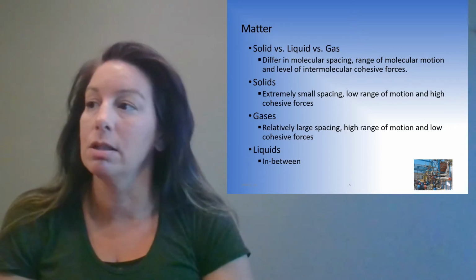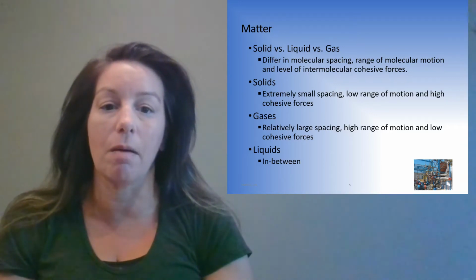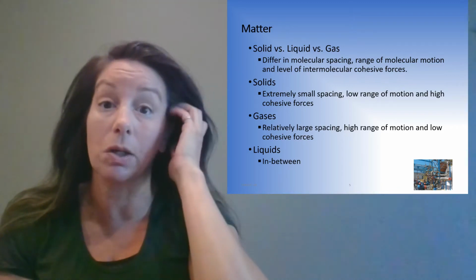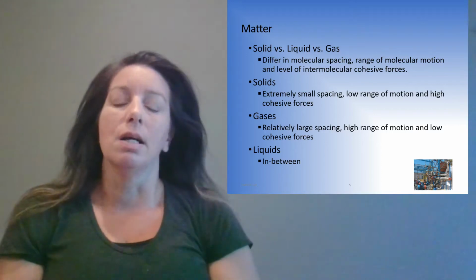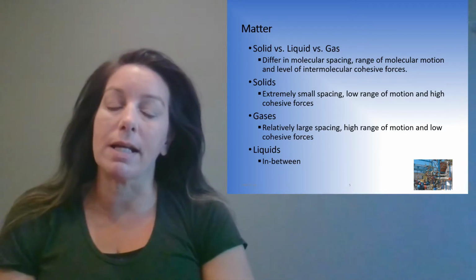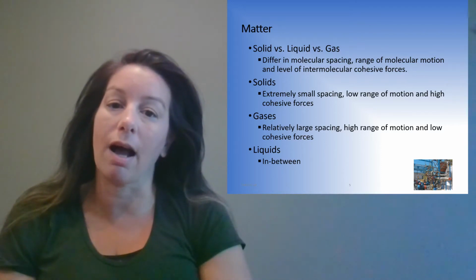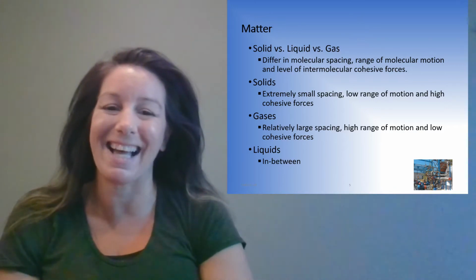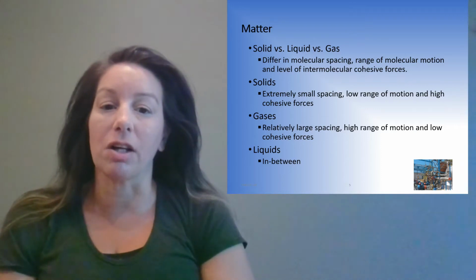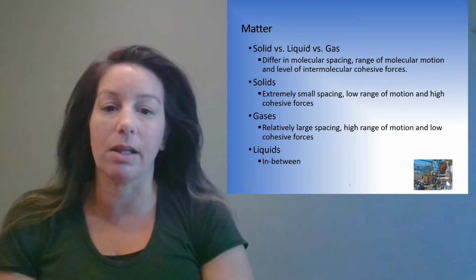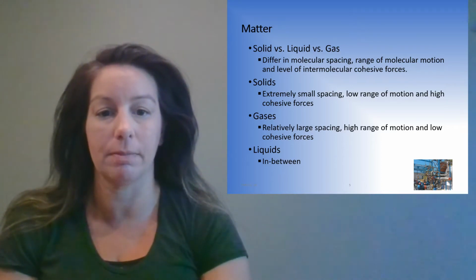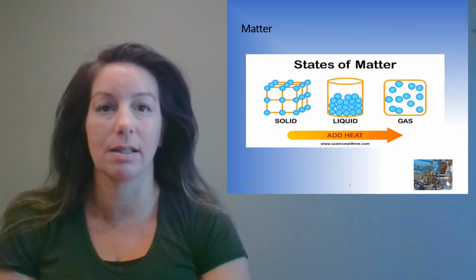You can imagine molecules in a gas aren't quite as cohesive as molecules in a solid. So solids have extremely small spacing, low range of motion, and high cohesive forces. That's what makes them solid, okay? Gases have relatively large spacing, high range of motion, so they move around all over the place, and low cohesive forces. And liquids are just somewhere in between a solid and a gas.